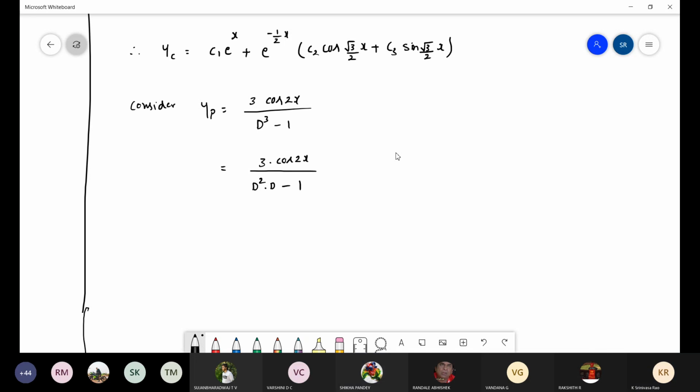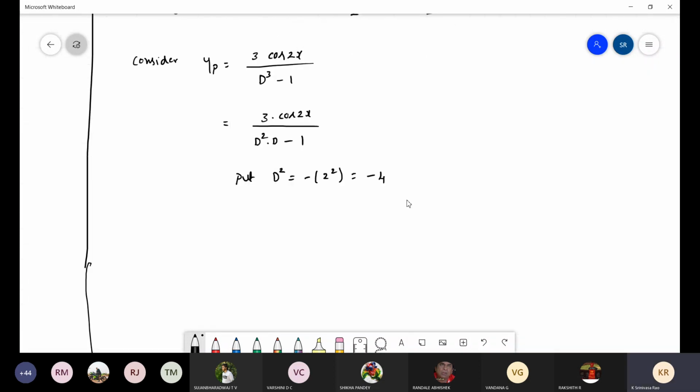Now put the same substitution. Put d square equals minus of the coefficient of x squared, here 2 square, nothing but minus 4. Now you will get 3 cos 2x by minus 4d minus 1. d square is minus 4, d you keep as it is.